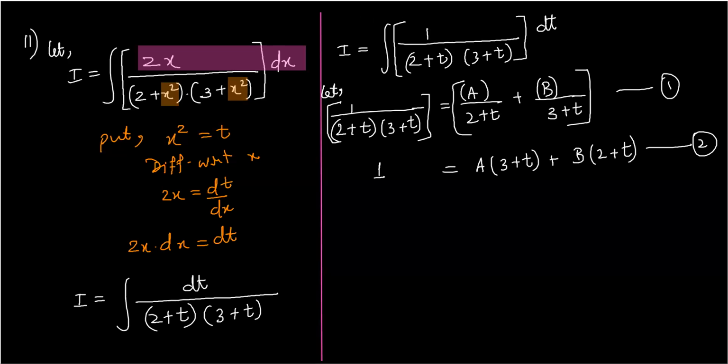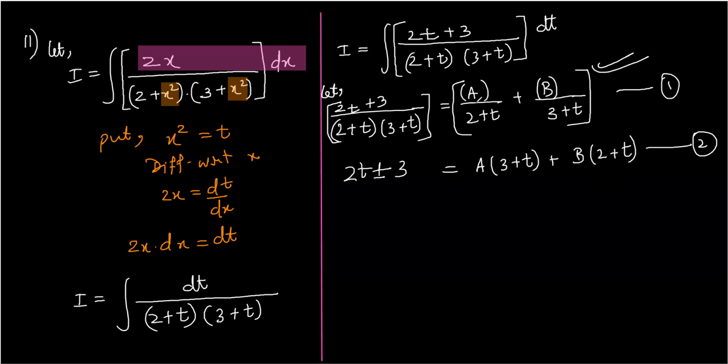But the problem with a variable is, suppose you have 2t plus 3. Now if you have 2t plus 3, then only the earlier method will work, because here also you will have 2t plus 3, and then here also you will have 2t plus 3. Which method?